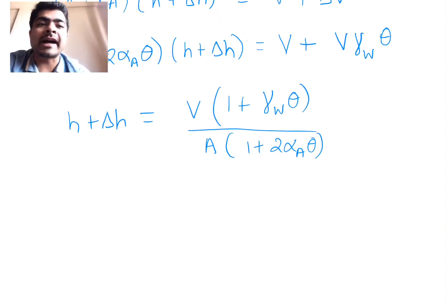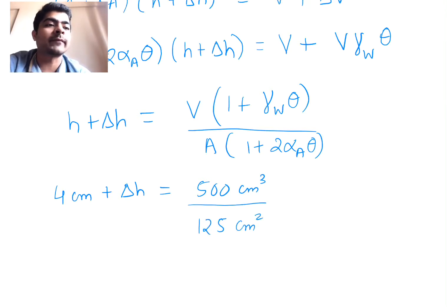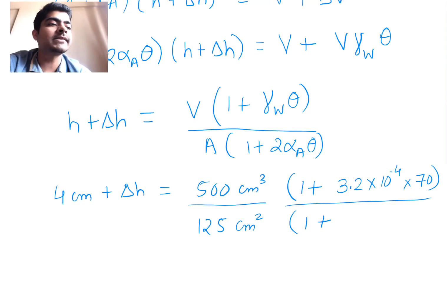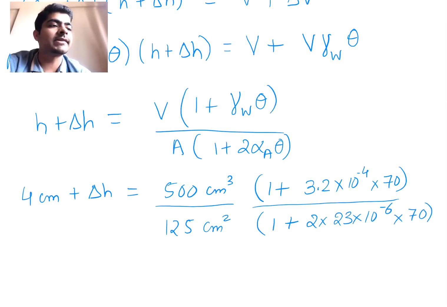the original height H will be 4 centimeter plus delta H, which is equal to volume V, how much originally? 500 centimeter cube. Units are very important. Divided by the original area, which is 125 centimeter square. Now 1 plus gamma of water is 3.2 into 10 power minus 4 into theta, which is 70, divided by 1 plus 2 times alpha of aluminium, 23 into 10 power minus 6 into theta, which is 70.